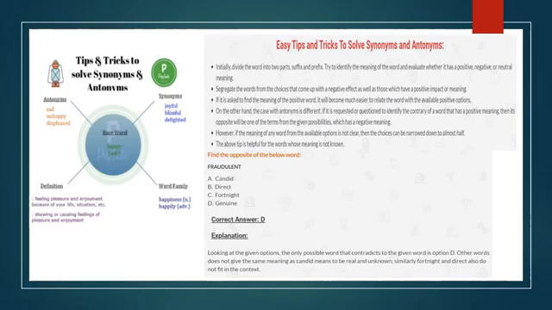Here the correct answer will be genuine. Looking at the given options, the only possible word that fits the given word is option D. Other words do not give the same meaning; candid means to be frank and open. Similarly, fortnight and direct also do not fit in the context.